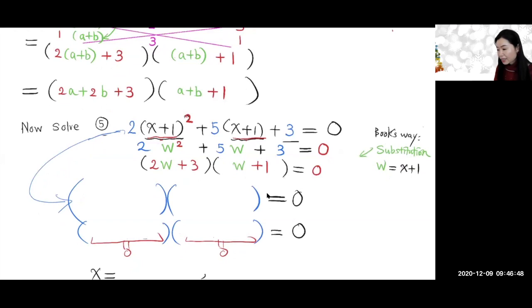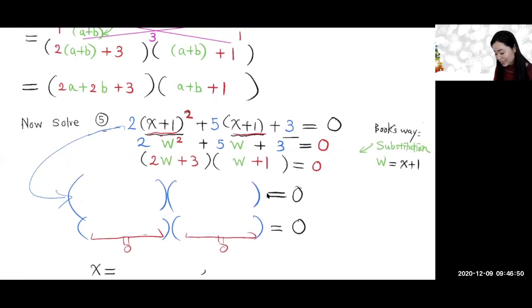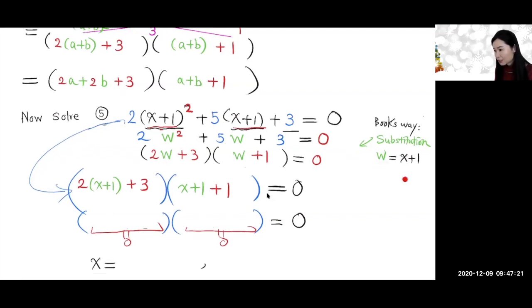And then substitute back. The w over here is x plus 1, so substitute back. So you have 2 times parenthesis x plus 1, and then plus 3, and then x plus 1 plus 1 equal to 0. So the step here is we substitute this w back by x plus 1. So this is the book's way, substitution.